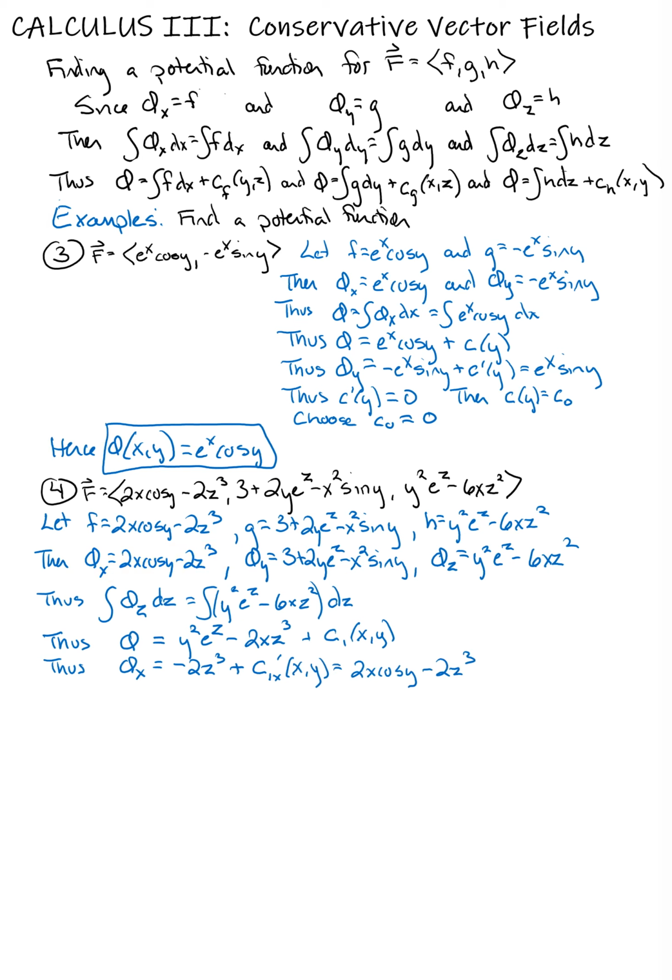Well, if I compare the left side of that equation and the right side, I realize that C1x prime has to be equal to 2x cosine y.